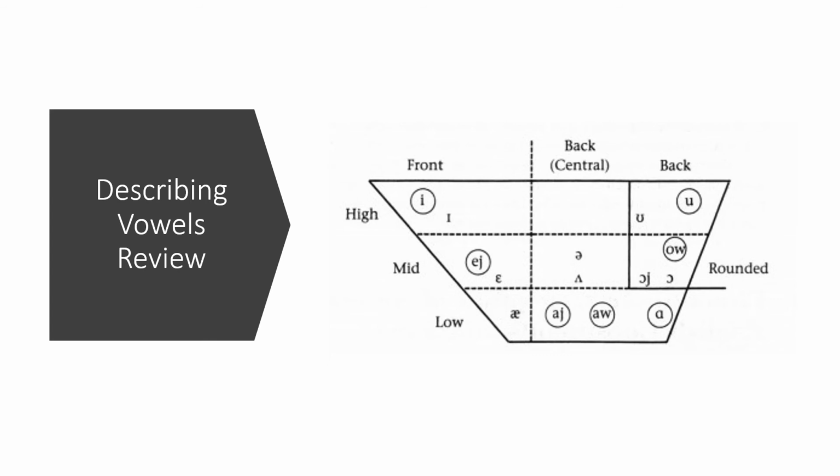The I with a dot on it, and the top says it's front high. Well, that's that E, like she, cream, believe, receive, serene, amoeba, highly, right? Now say it, E, you'll see that your mouth kind of pulls back and your tongue is way up high in the front of your mouth. E, okay?